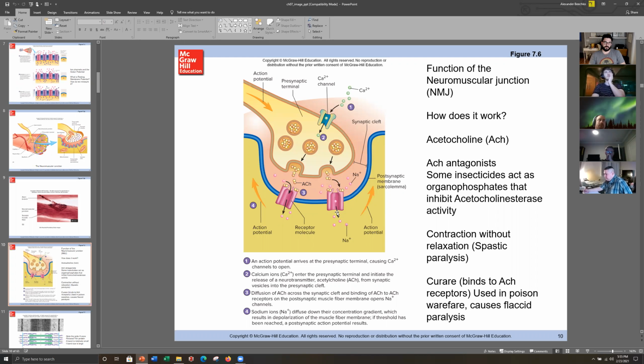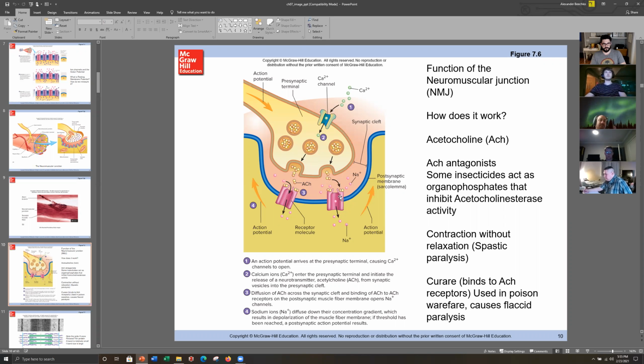In this case, these are kinds of proteins that we call chemically gated channels, or sometimes called ligand gated channels or ligand activated. Ligand is just a fancy word for a specific chemical that activates something or inhibits something. So these particular protein channels here will then open up in response to acetylcholine binding to it. If there's no acetylcholine, then they don't do anything. Only when acetylcholine is present and attached to it do they open up.